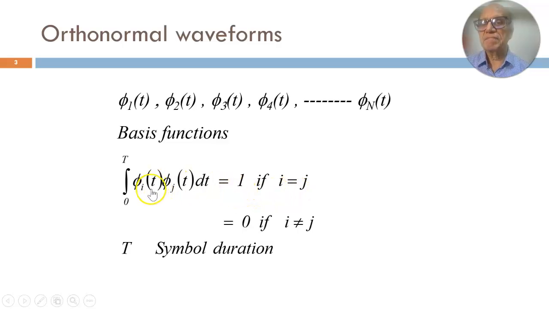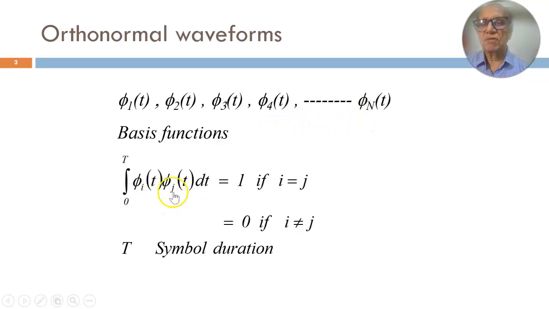What it means is that if I take phi1(t) and multiply by phi1(t) itself, both are equal, so I'll get phi1(t) squared, and when I integrate I'll get unity. This is the normal term. The same goes for any other function. Suppose I take phi2(t) squared and integrate it over the symbol time period, I'll get 1, and likewise for all other functions as well.